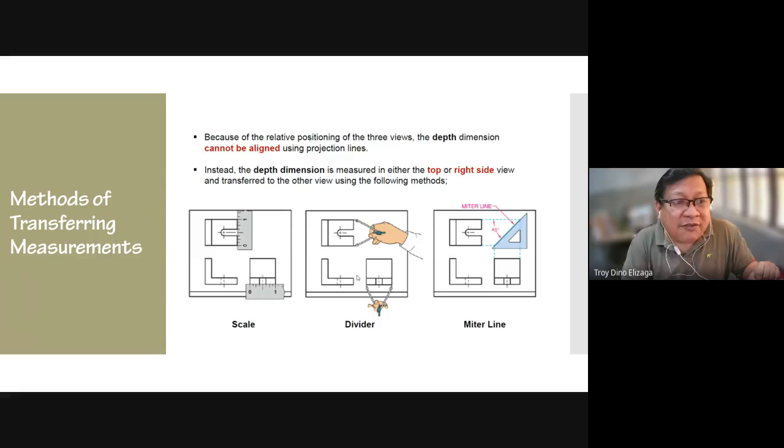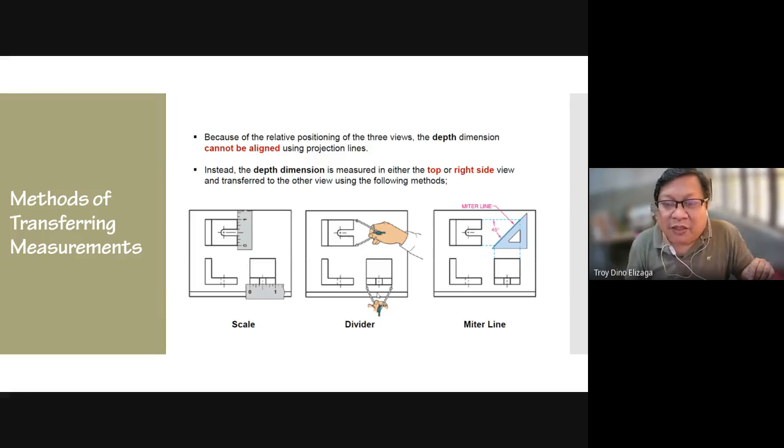So, methods of transferring measurements: you can do it by using a scale or your divider. In case some of you don't know what a divider is, it's like a compass, but the 2 points are made of needles. A compass has a needle and a pencil lead, but a divider has two needles.